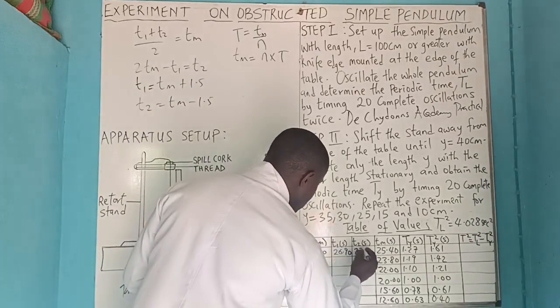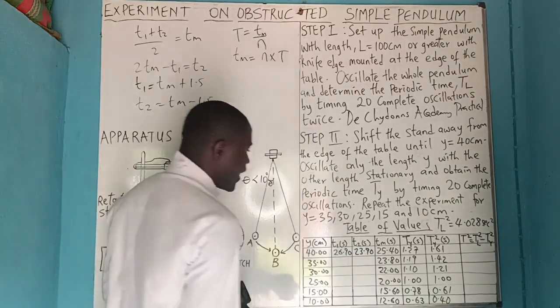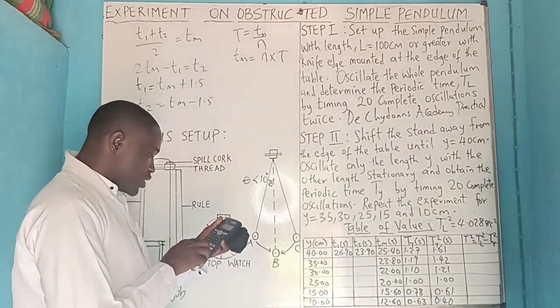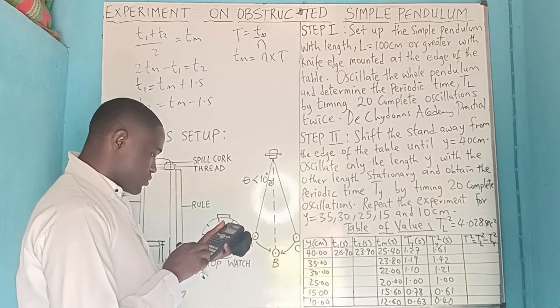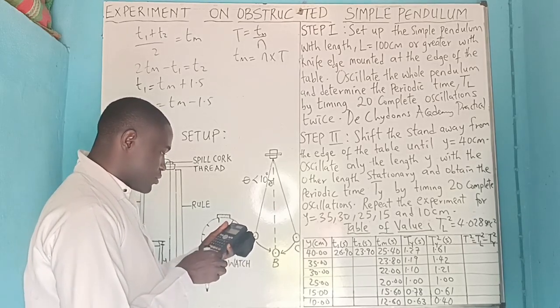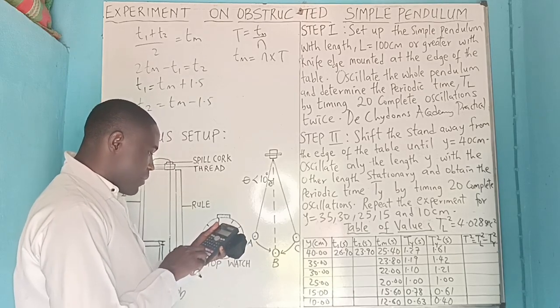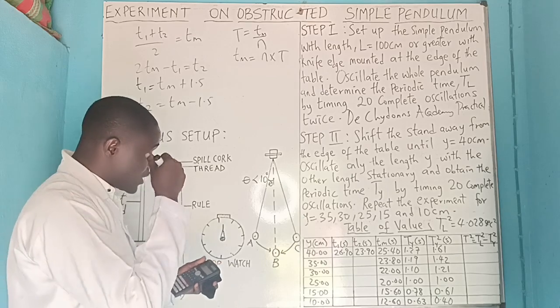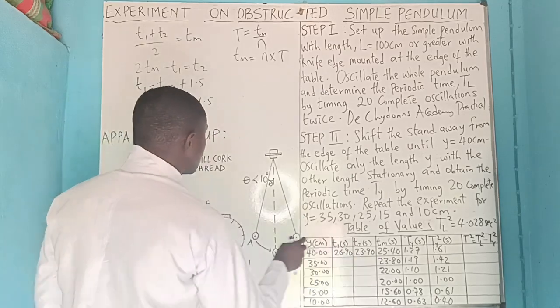It will give me 23.90, right? If you take the mean, it will give you this. Let's check. 26.9 plus 23.9 divided by 2 will give you 25.4. That is the implication. Do the same for the next one.